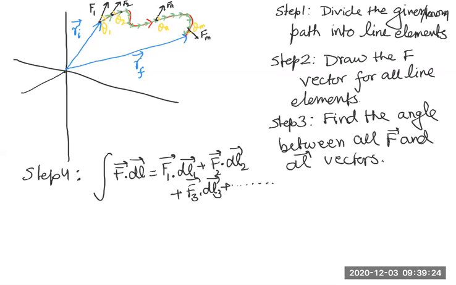Right? So this vector dl1, this vector dl2, so on and so on.